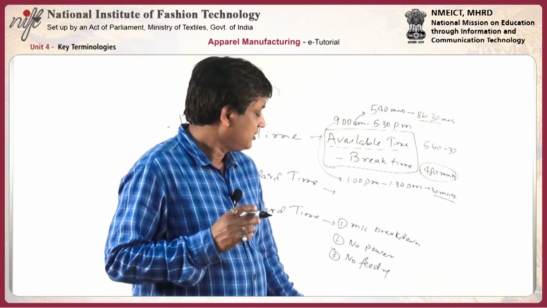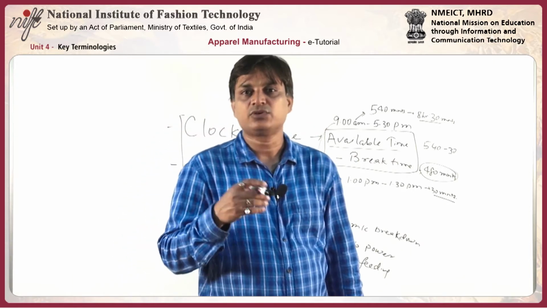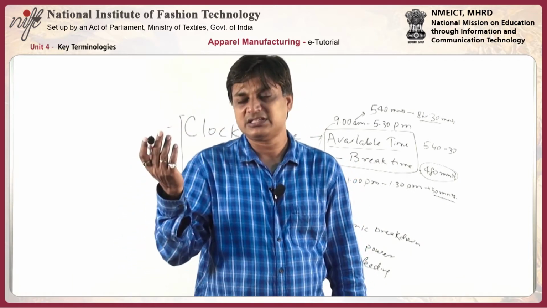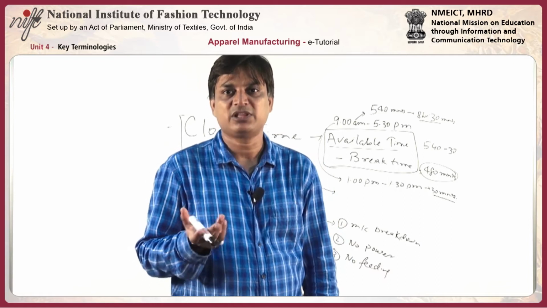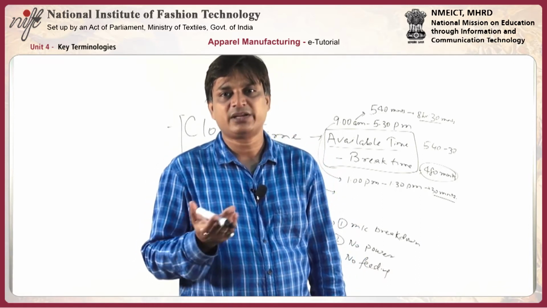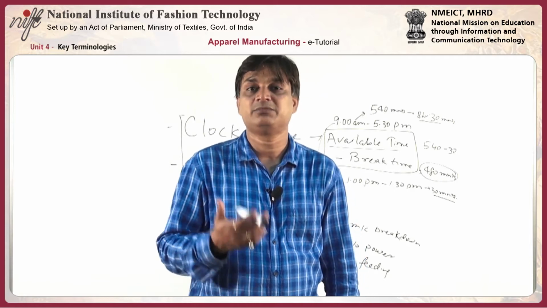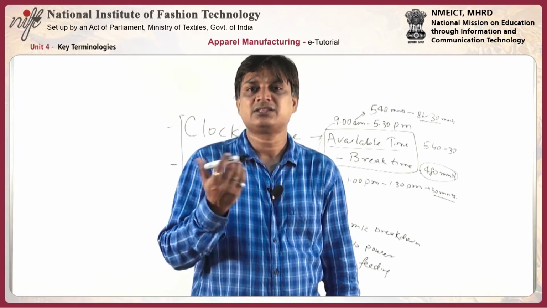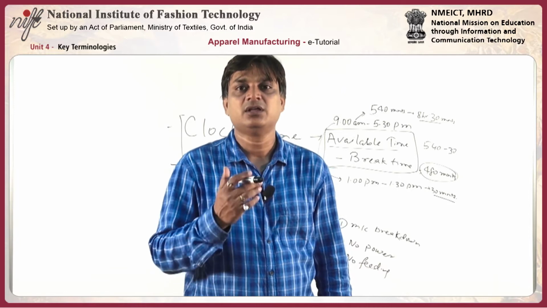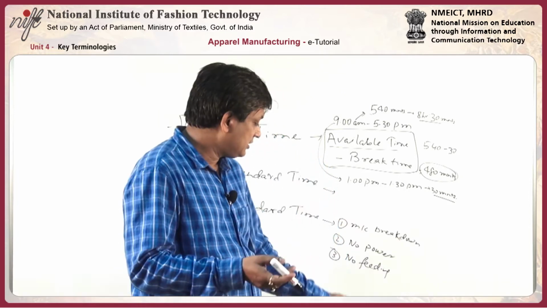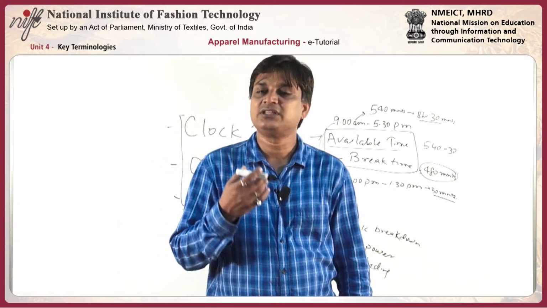External factors like a machine breakdown. Some major machine breakdown is there. Maybe the reason is that maintenance was not proper for that particular machine. Prevention was not done properly. Maybe there is no power, the genset is not working, or there are some problems which are not under the control of the operator. No feeding means there are no cut parts.